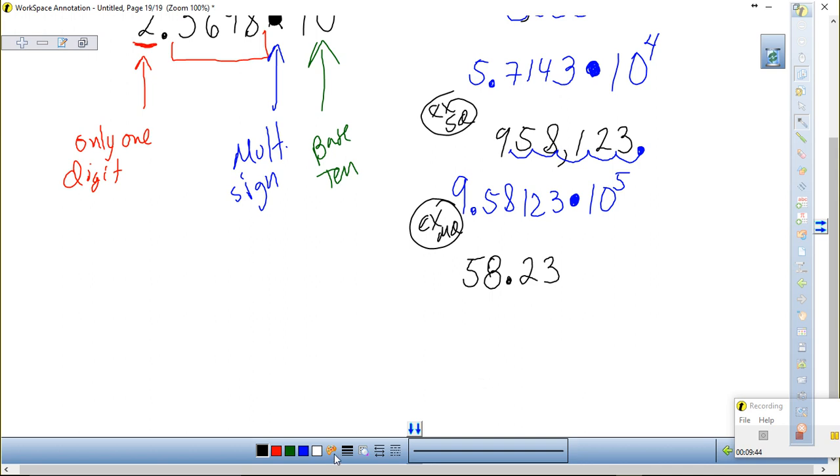Move it to the left how many times? Once. So what's my new number? 5.823. What else do I write? Multiplication sign. Base 10. And what? 1. Hands if you see that. That is correct. This will be scientific notation.